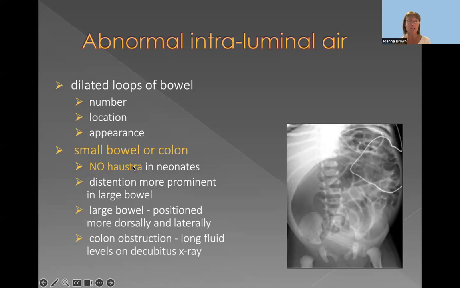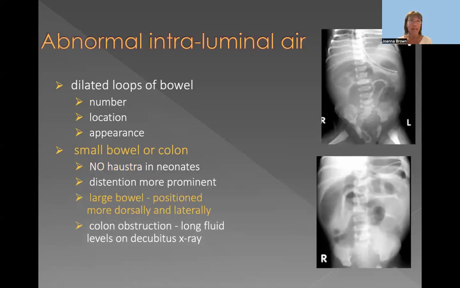So the haustra and mucosal patterns, which are characteristic of the large bowel in adults, are not seen because they don't exist in children. But what we can say is that distension of the large bowel is always more prominent. It could be stretched more than the small bowel. And usually the large bowel will be positioned more dorsally and more laterally than the small bowel.